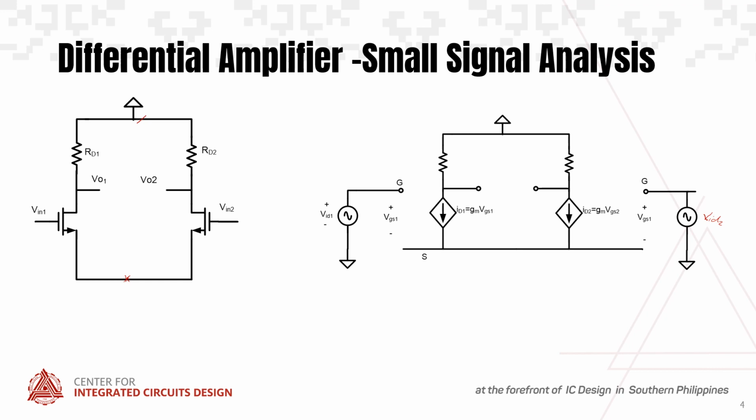And I forgot to mention, when we consider the small signal analysis, if this pair is perfectly symmetrical and equal, this node X can be considered as ground. So we will try to prove why we consider this node here as a virtual ground.